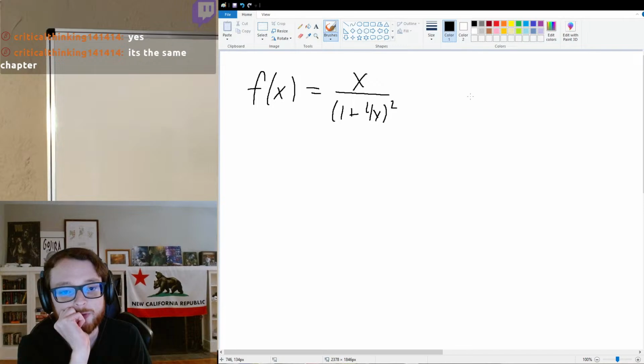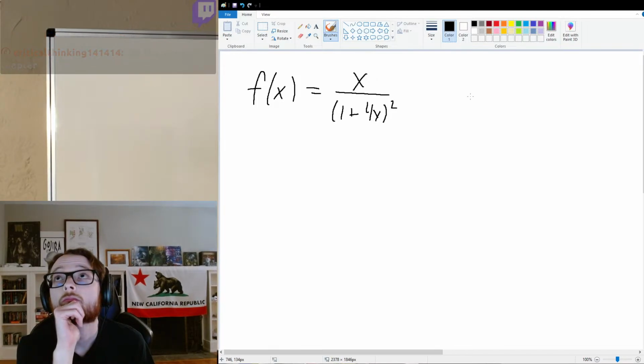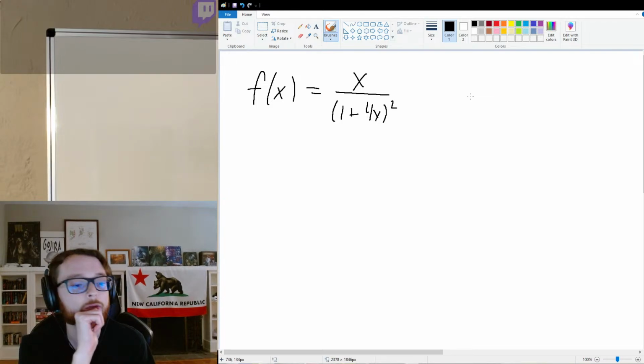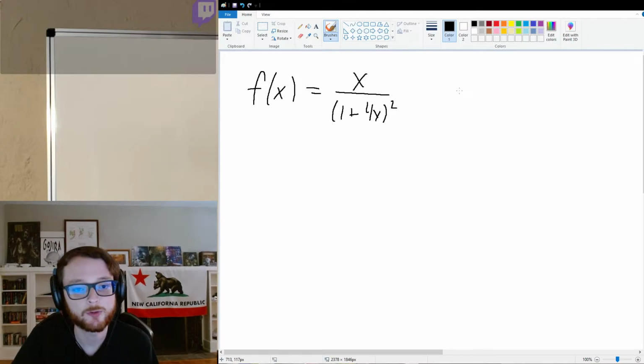I think this is partial fractions, unfortunately. Is there a trick? No, not that I see. Yeah, I don't see a trick. So let's see what partial fractions gets us, I guess.